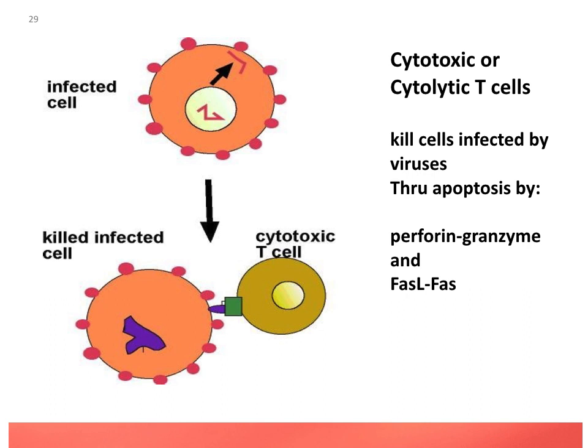So we encountered perforins and granzymes when we discussed natural killer cells, which is part of innate immunity. But these same enzymes are involved and are produced as well by the cytotoxic T cell and are released to kill an infected cell. So why do you need to kill a cell infected by the virus?